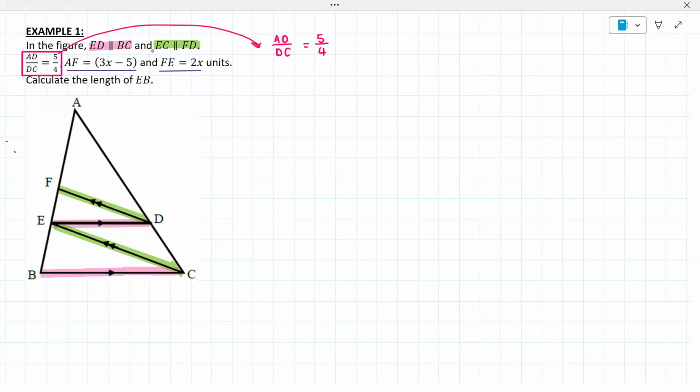Ratios and fractions represent the same information, we just write it in a different format. So this could actually be written as a ratio of AD to DC is equal to 5:4. So whenever you're given a fraction, don't freak out about it. It's just giving you a ratio. It's just a different format of how we're writing stuff.